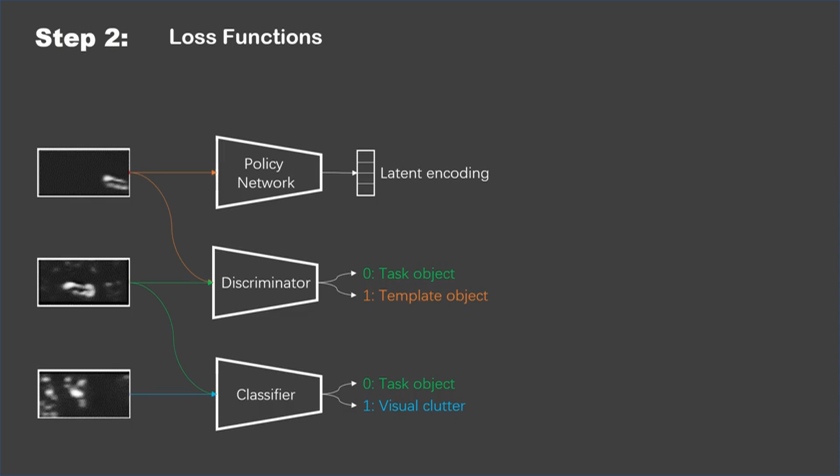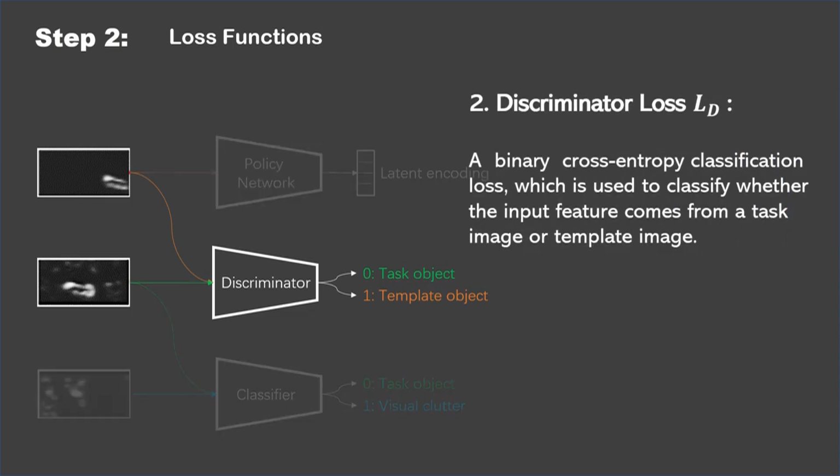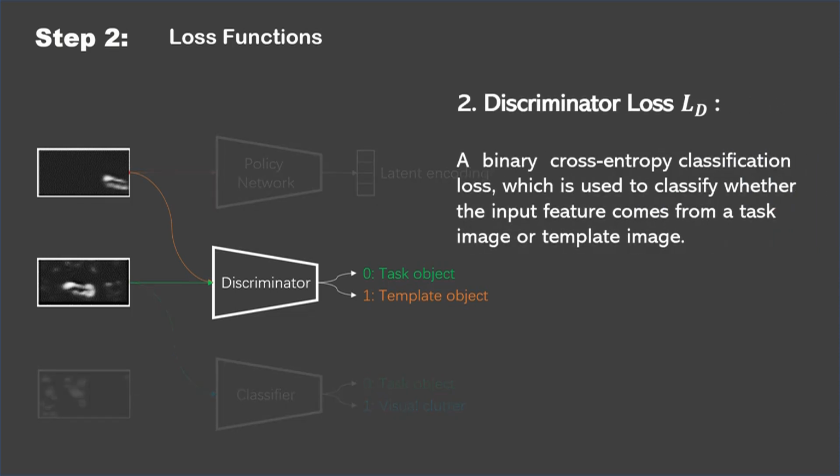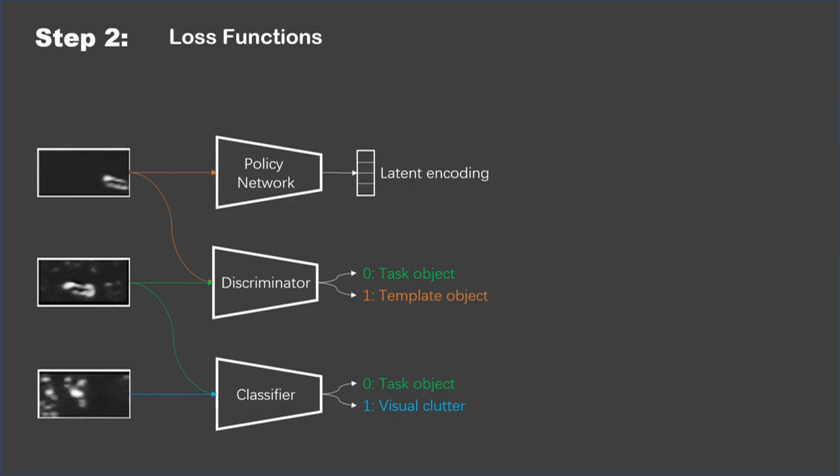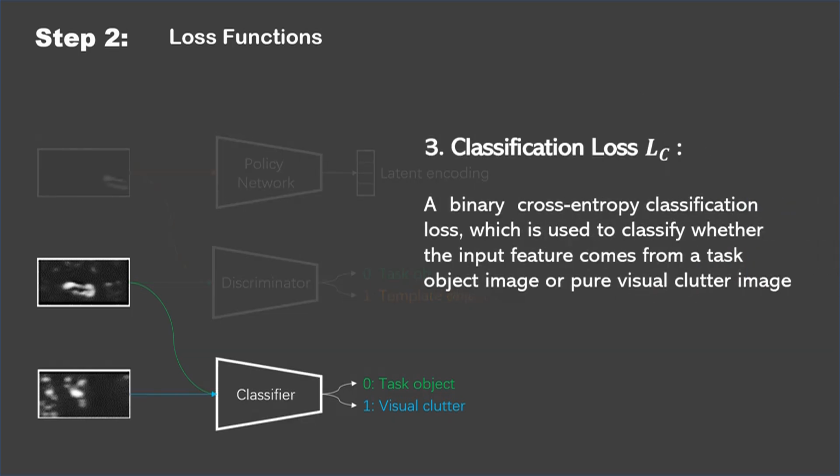The discriminator takes the features of both the template object and the task object to generate a binary label, telling if the input feature is coming from the task object or template object. Similar to the discriminator, the classifier takes a feature of task object and visual clutter to generate a binary label, telling if the input feature is coming from the task object or visual clutter.